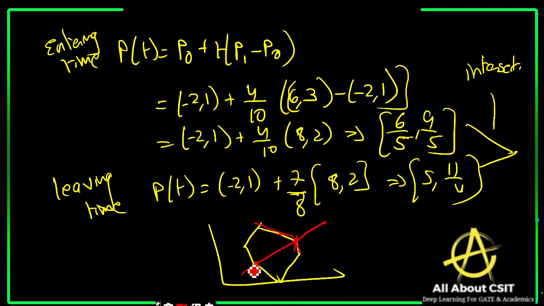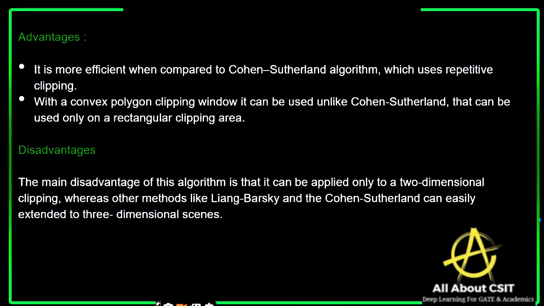The point at entering is 6 by 5 comma 9 by 5, and the leaving point is 5 comma 11 by 4. This is how you can find the intersection points and clip the line that is present outside the window. This is the way we calculate the Cyrus-Beck algorithm.